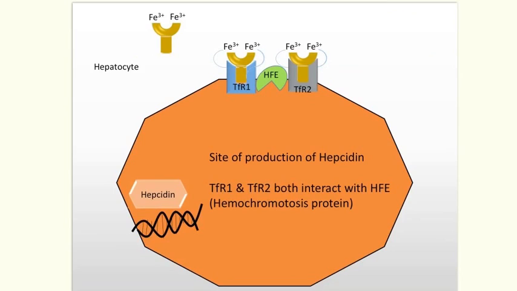And these transferrin receptors are linked to the high iron protein, the HFE. You might know this as the classical adult hemochromatosis type 1 protein. There's a mutation in this protein at C282Y homozygous that causes adult onset hemochromatosis.